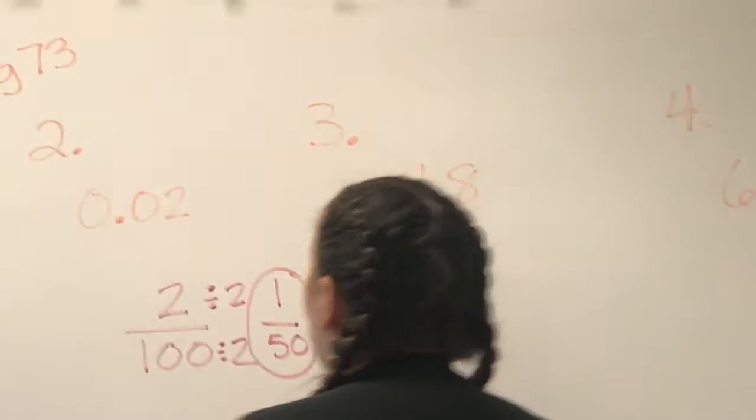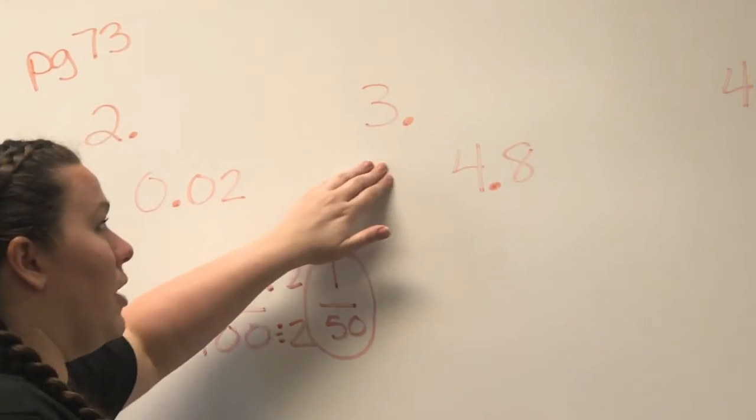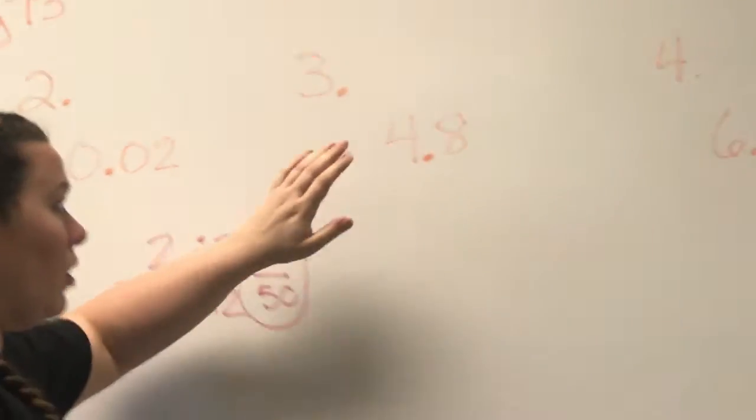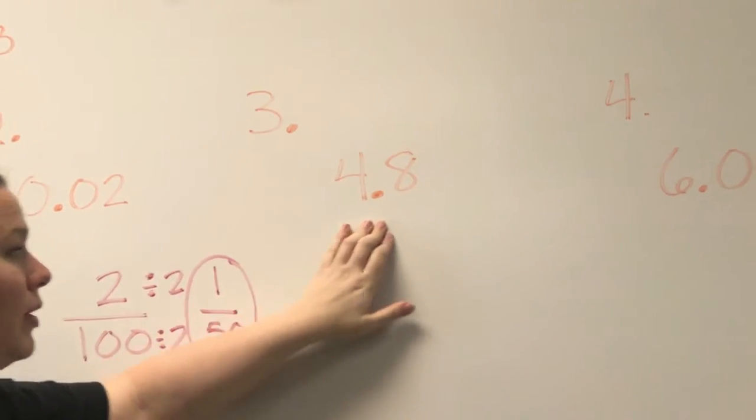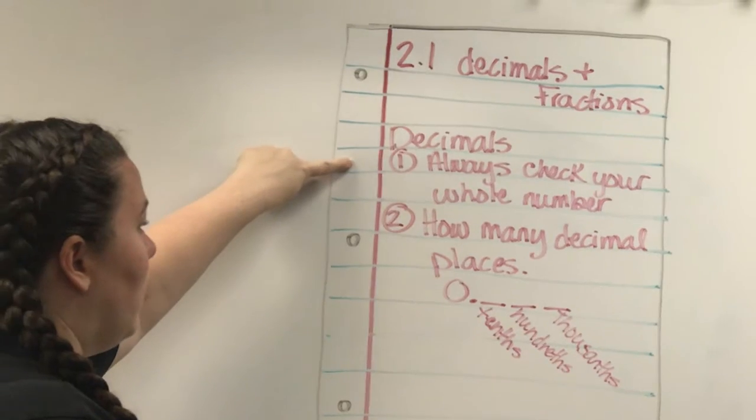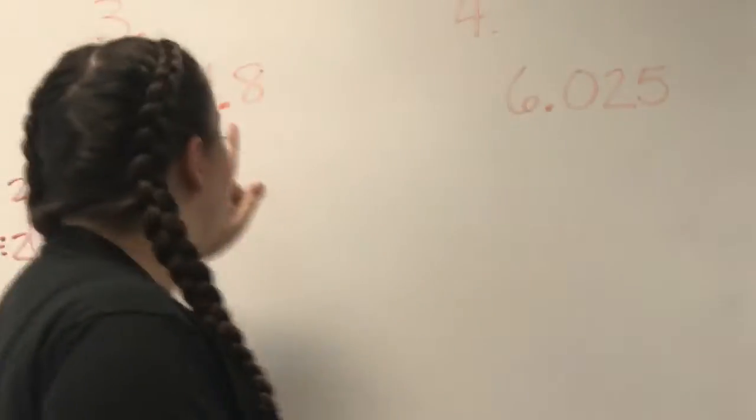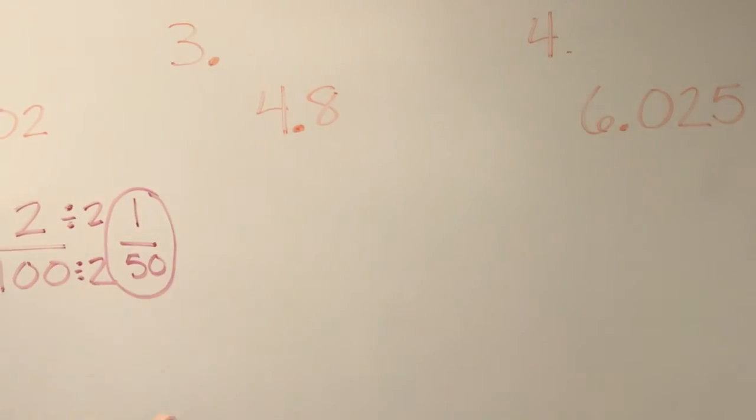Okay, now let's move on to, I'm going to change my marker, see if this one works, to number 3. Okay, I have 4.8. Going over to my rules, always check your whole number first. Do we have a whole number? Absolutely.